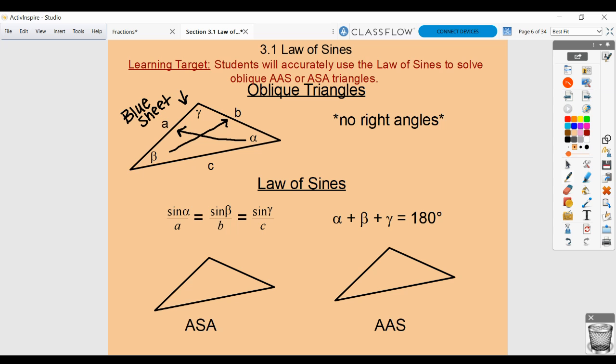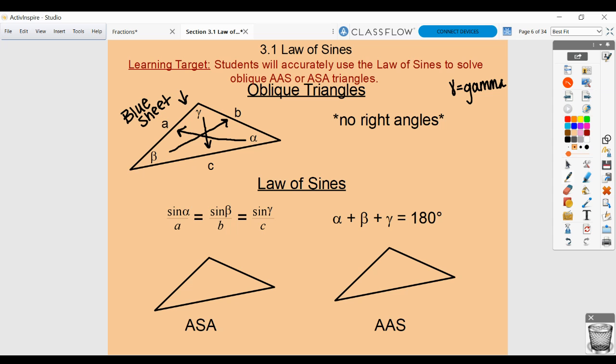And then we have this new angle, since it's not a right triangle anymore. This is gamma, which is across from side C. So that's the new one. It's gamma.